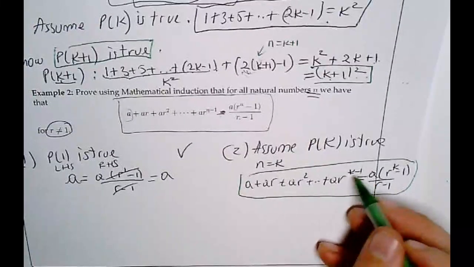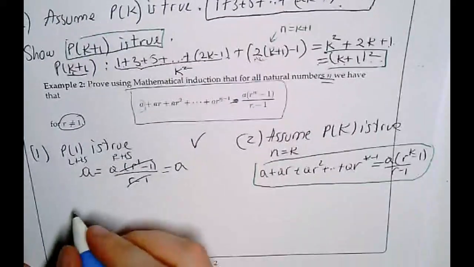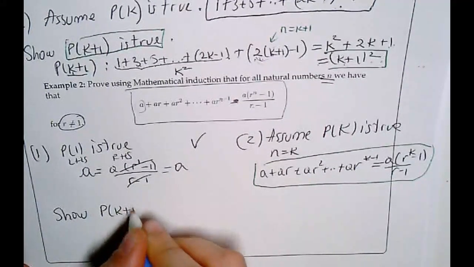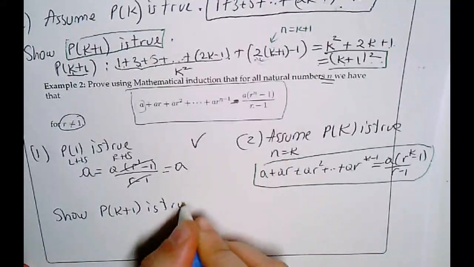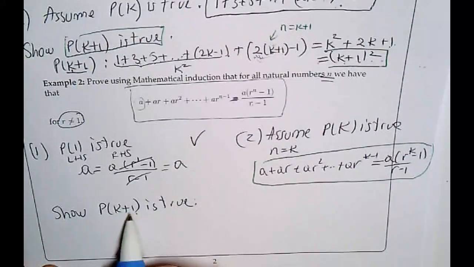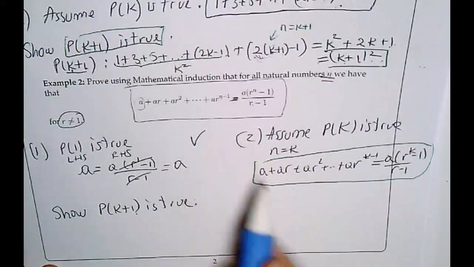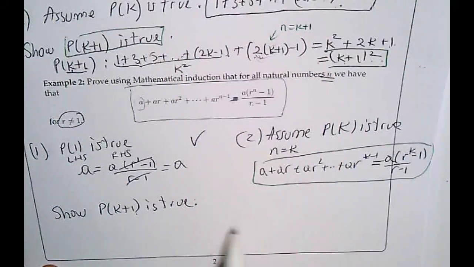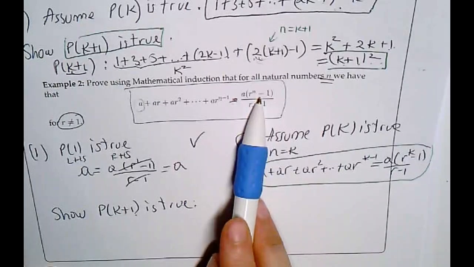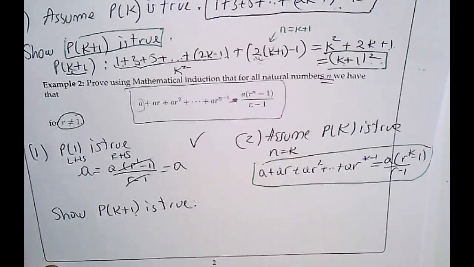And then I need to use this to show that P of k plus 1 is true. So I'm going to write P of k plus 1, the left hand side of it, and then I'm going to calculate it and hope to show that it is equal to that when n equals k plus 1.